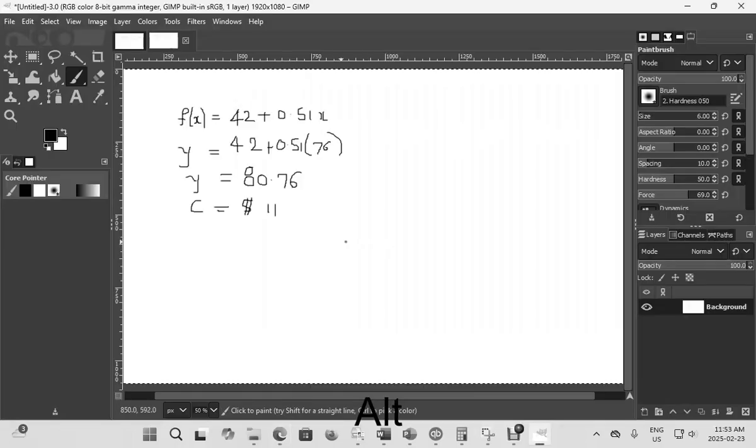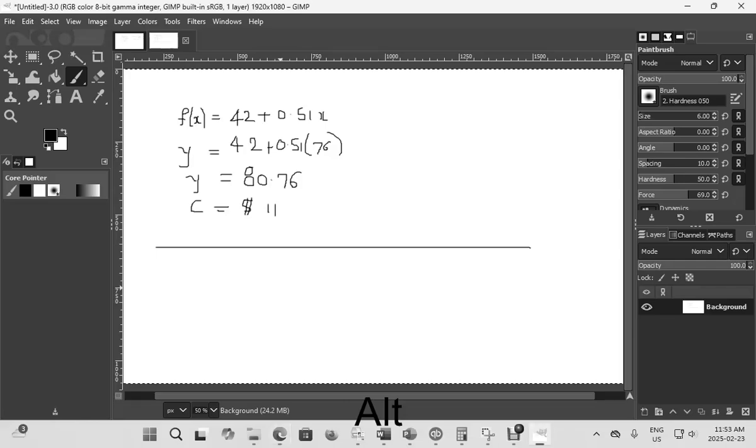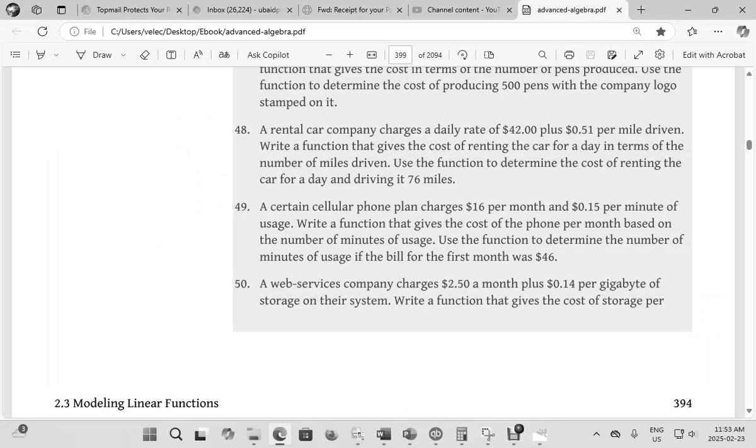So C, or cost, is how much you pay for your cell phone plan, which you can claim on your T2125, again if you live in Canada, under other expenses or telephone expenses.